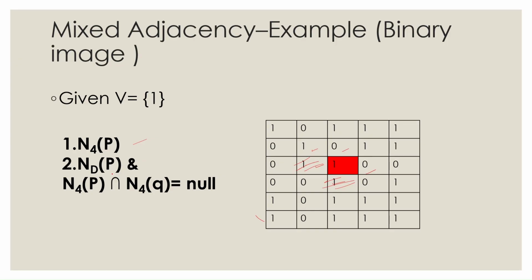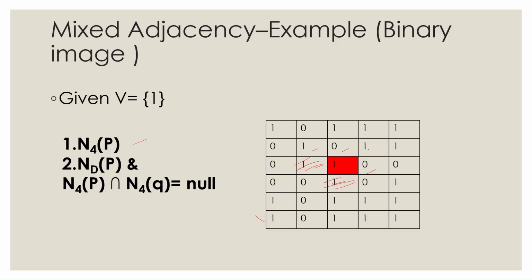For the second condition, we have to check the diagonal values. So we have to check the diagonal and the condition N4 of P intersection N4 of Q should be a null value. Now let us take this pixel 1. In this case, this center pixel can be connected with this one diagonally.